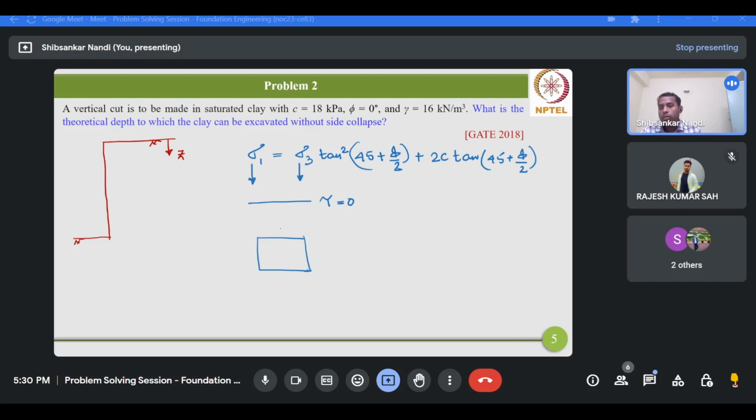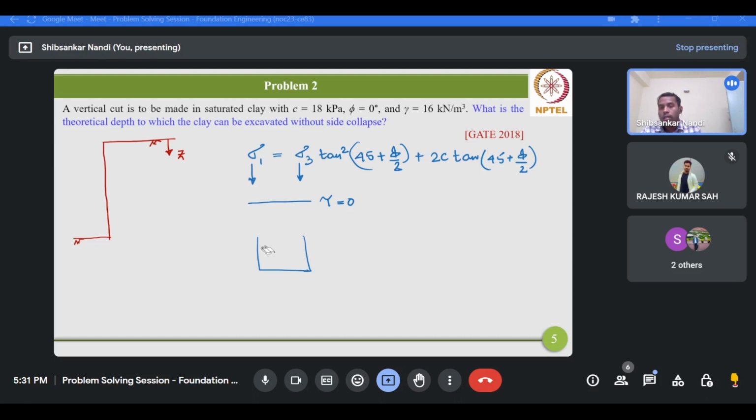The normal stresses acting on these two planes are defined as principal stresses. The maximum of these two gives you the major principal stress, and the minimum gives you the minor principal stress.